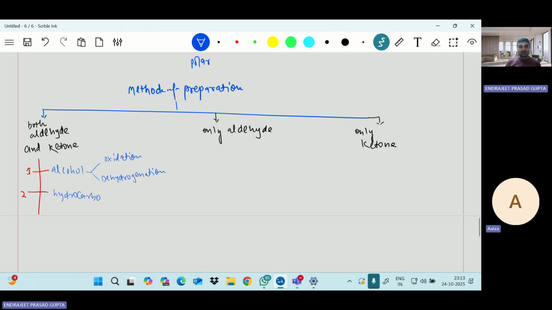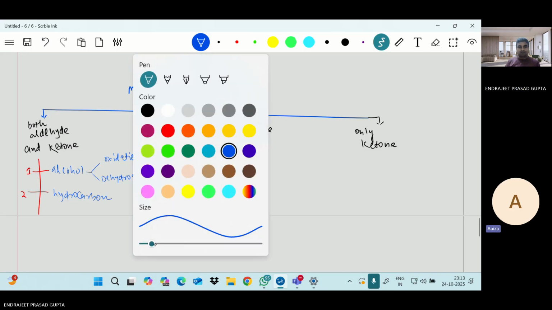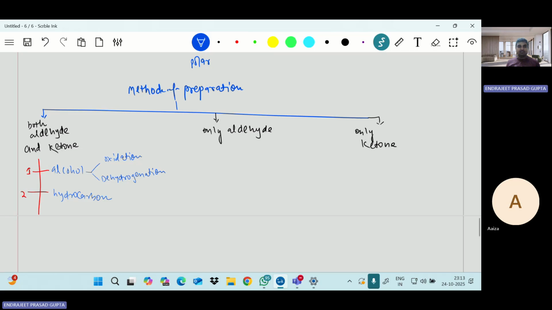Sir, dehydrogenation means reduction, right? Dehydrogenation means removal of hydrogen, and removal of hydrogen is always oxidation. Addition of hydrogen is reduction. D means eliminate.